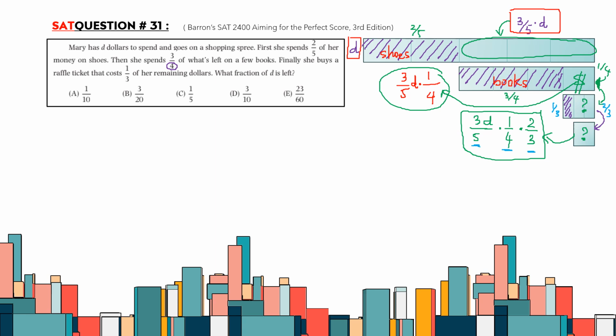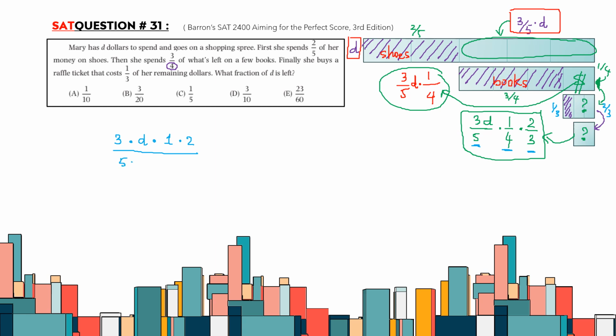Then we do the multiplications. So let's write that down. 3 times D times 1 times 2. And remember, for fractions, we do the product of the numerators together and the denominators together, top to top, bottom to bottom.